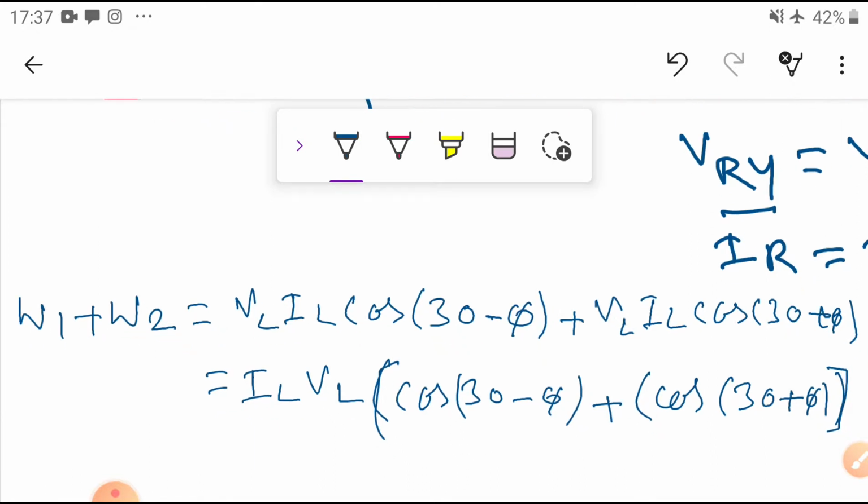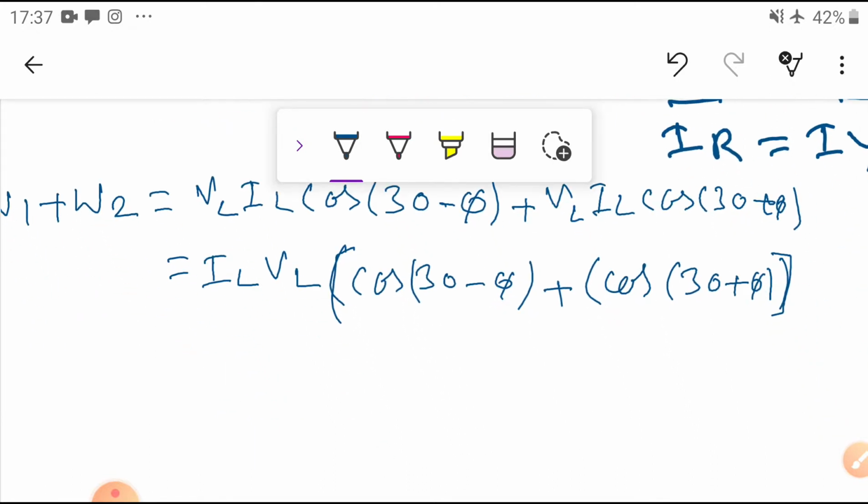Now, based on the mathematical formula, what is this one? So, we know that cos(A - B) is equal to cos A cos B plus sin A sin B. Just simply write it. Okay. So, we are going to get those values. So, this is equal to, VL IL is common.